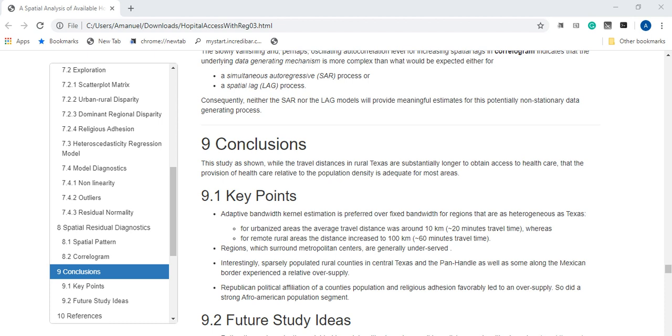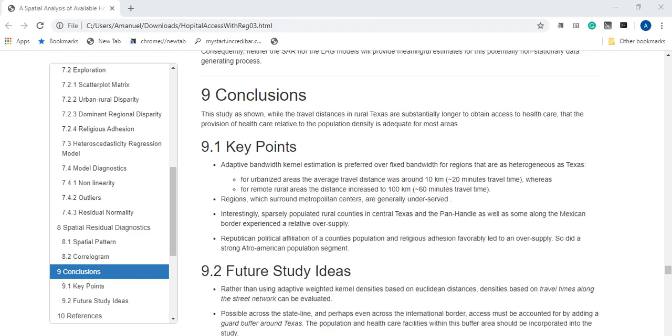The conclusion: this study has shown that while the travel distances in rural Texas are substantially longer to obtain access to healthcare, the provision of healthcare relative to the population density is adequate for most areas, and adaptive bandwidth kernel estimation is preferred over fixed bandwidth for regions that are highly heterogeneous, as Texas.